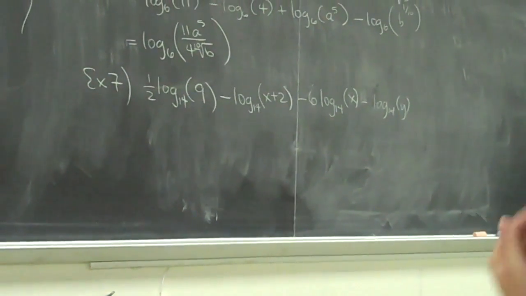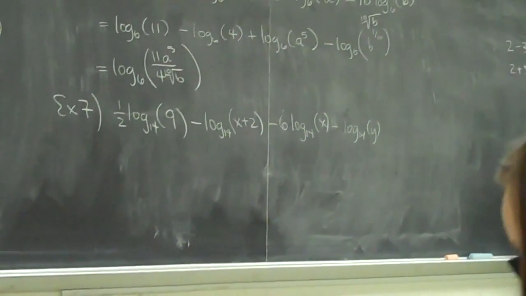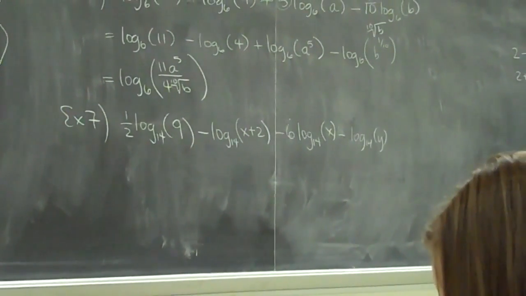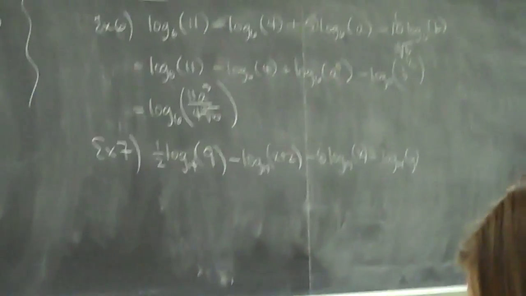It's automatic: if you have a minus, it's going to be the division. Okie doke.